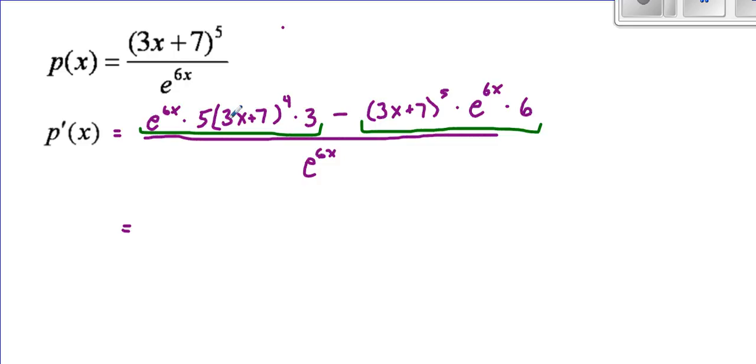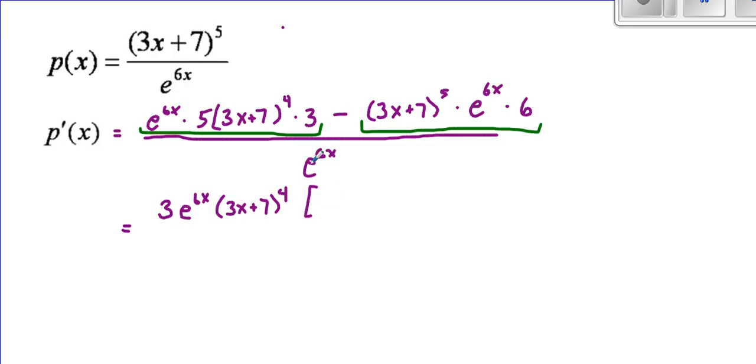They also both have a 3x plus 7, 4 of those. Here I have 5. And I can factor out a 3. So they have a lot in common. So we have a 3, an e to the 6x, and a 3x plus 7 to the 4th can come out of both of them.